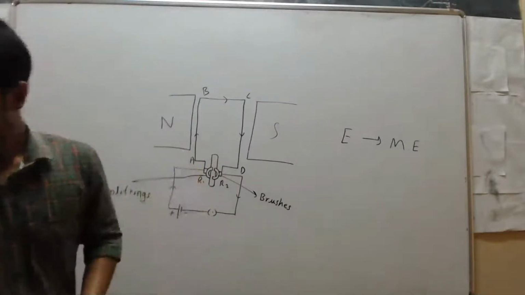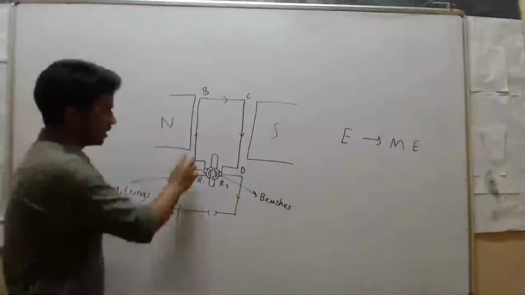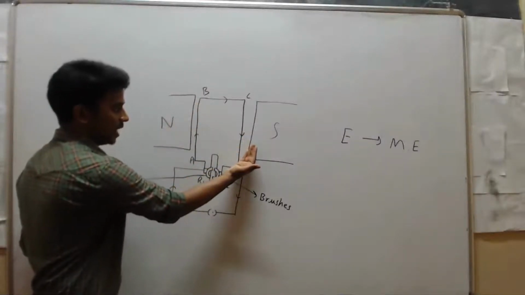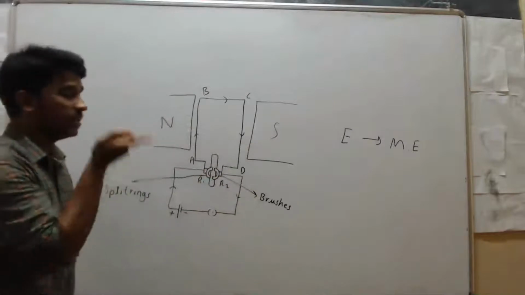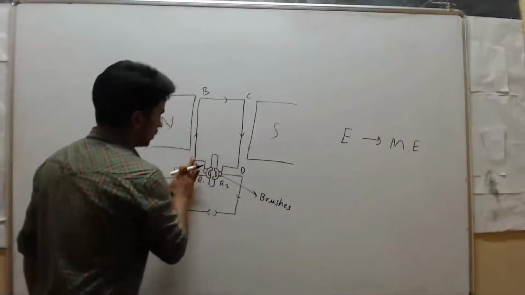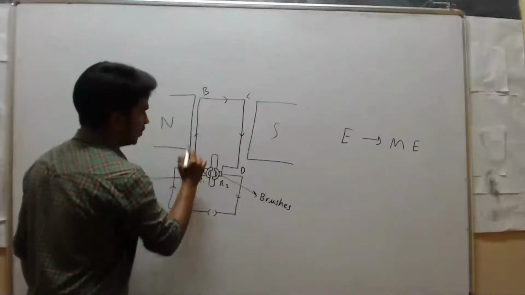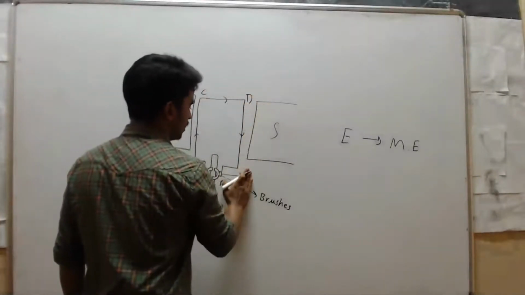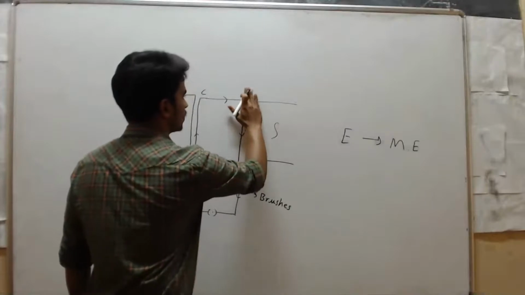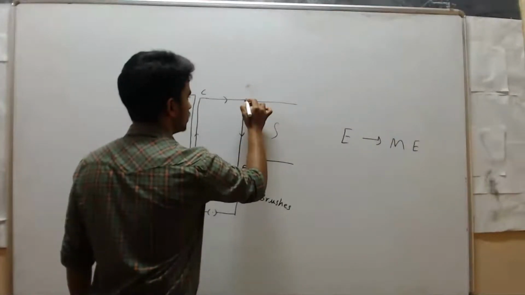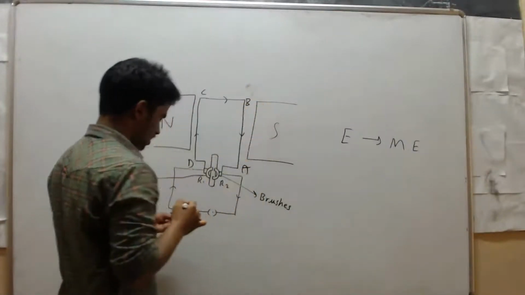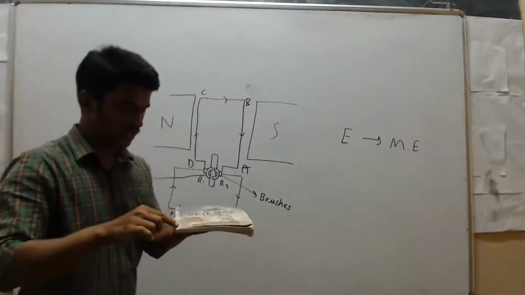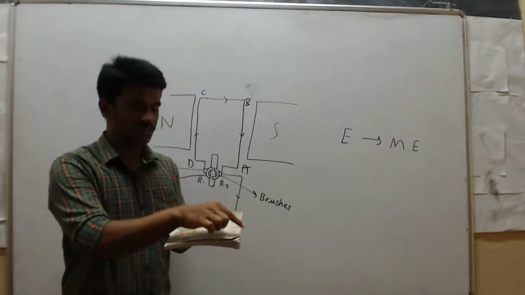Now see here, this AB side will move downwards, and CD will come upwards. So now D comes here, and C is here, and this is B and A. Here also, this is AB and this is CD.